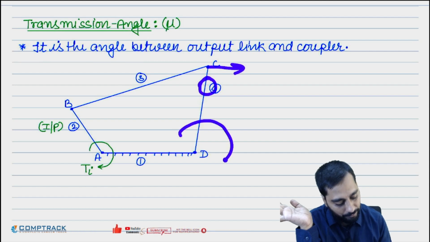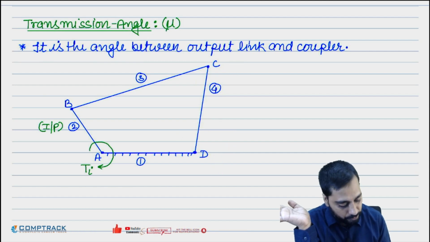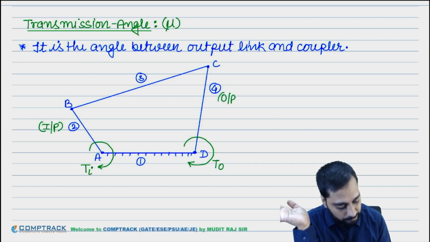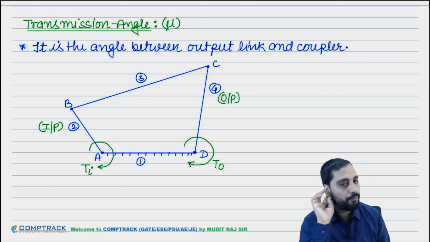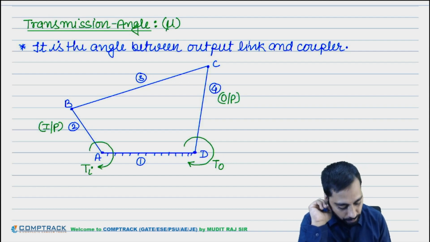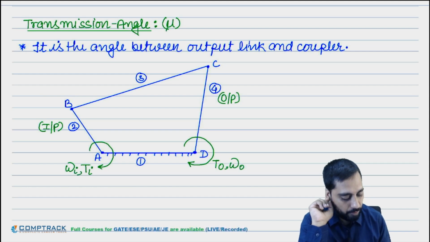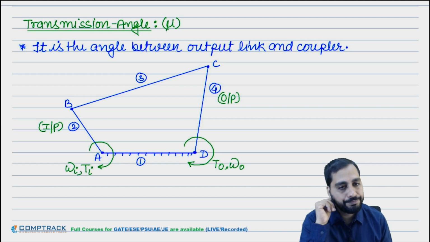Then link 4 will start rotating, so here you will get the output torque. This is your output link. Here it will be omega I, and here omega O, omega output. Clear?